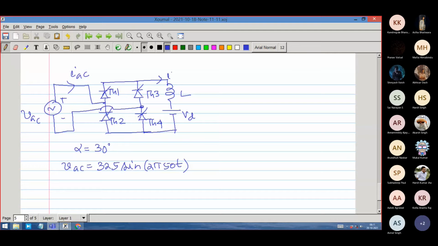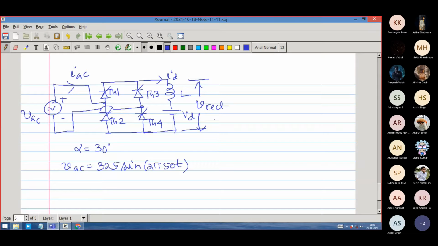This is Id. You cannot tell. Then let me tell you that if it is in CCM, then only one exact voltage can be the value of Vd.